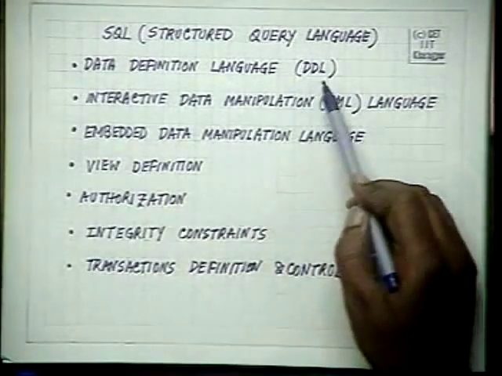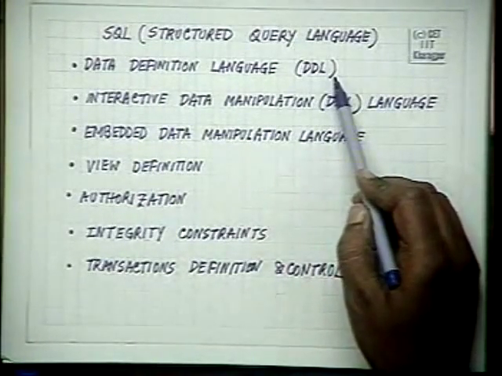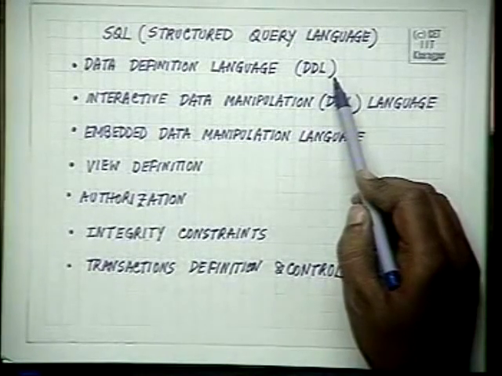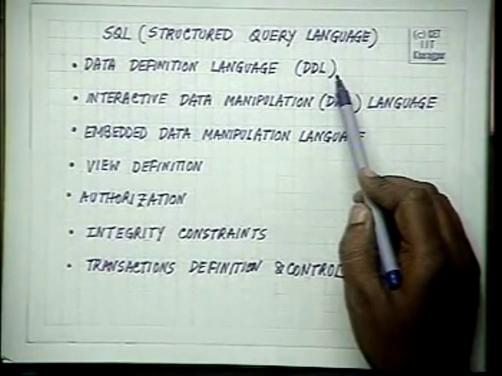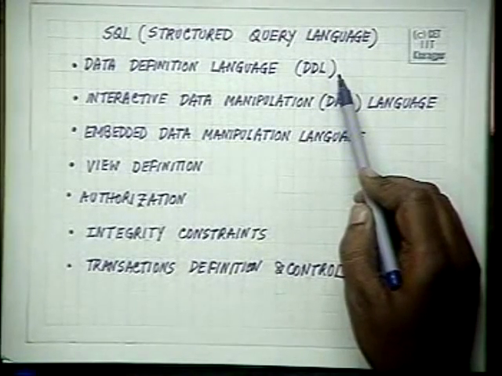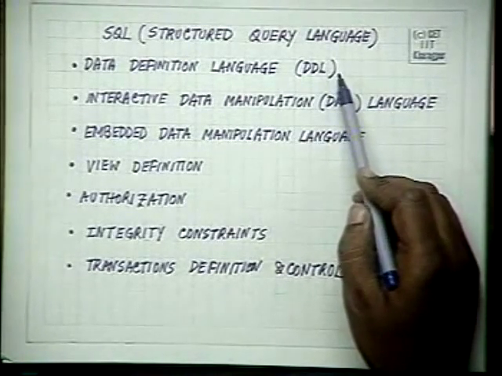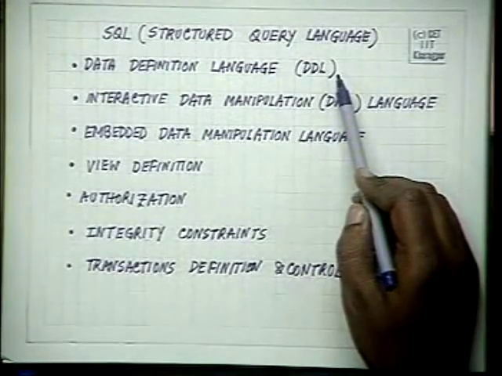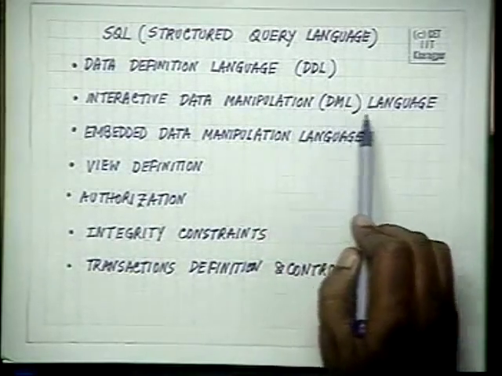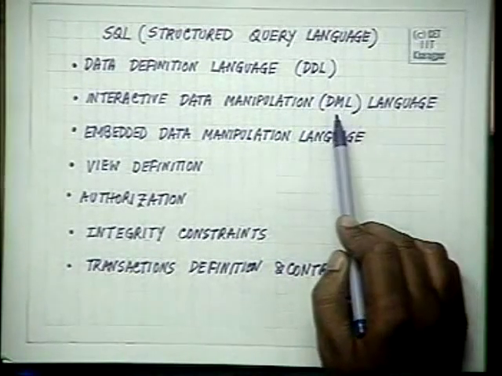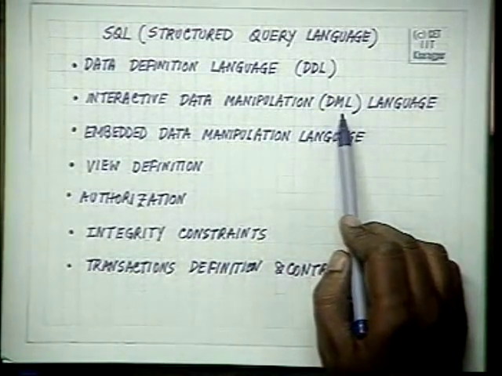It has a data definition language where you can create the tables, define the attributes, and all the structures of the tables, the relations, the keys, and all these can be expressed. You've got the query language or the interactive data manipulation language. This is the query language, and we shall see this today.